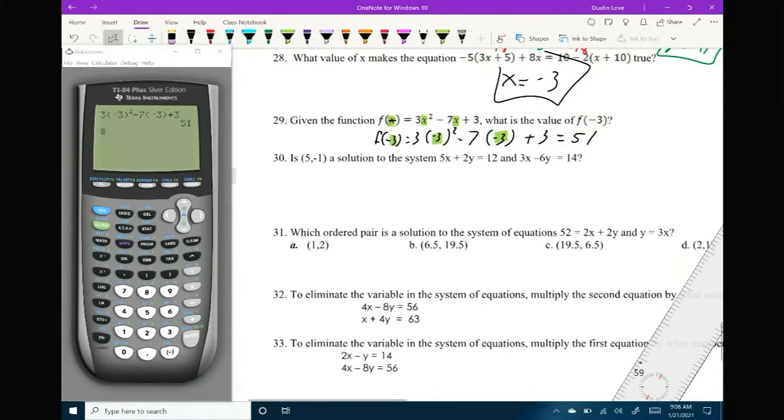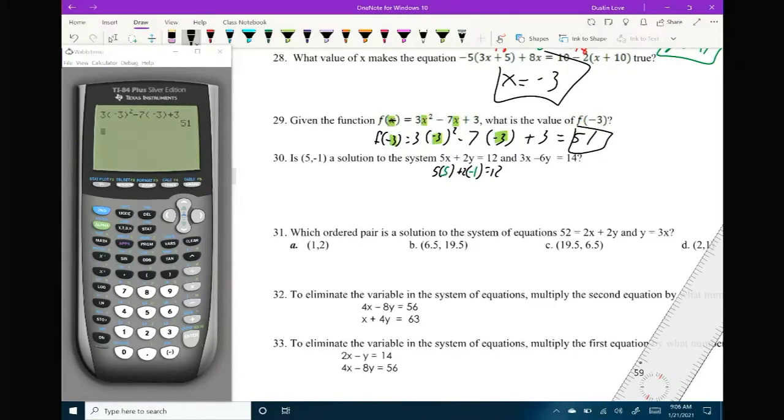Okay, number 30. Is that a solution? Now remember, when we're testing is it a solution, we got to plug it into both equations and see if it makes it true. So I'm going to do that for the first equation, 5x plus 2y equals 12. Now we're going to plug in a 5 for the x and a -1 for the y.